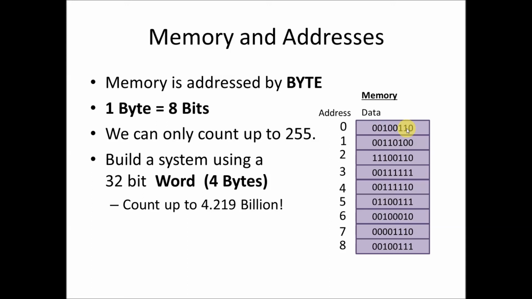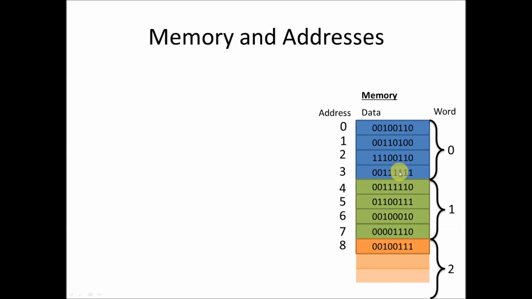But because we don't want to change the structure of the memory, since sometimes it's useful to treat a byte as a byte, we now look at memory like this, where each word consists of 4 bytes.